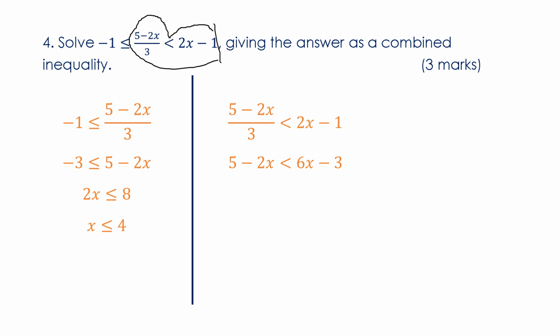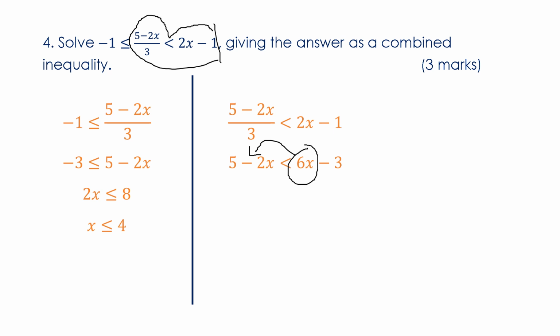Then we collect like terms, and as I've said, collect terms in x such that the result will be positive on a given side, either left or right. If we collect this 6x to the left side, we'll obtain it as negative, so the result will be -2 minus 6, which is -8.